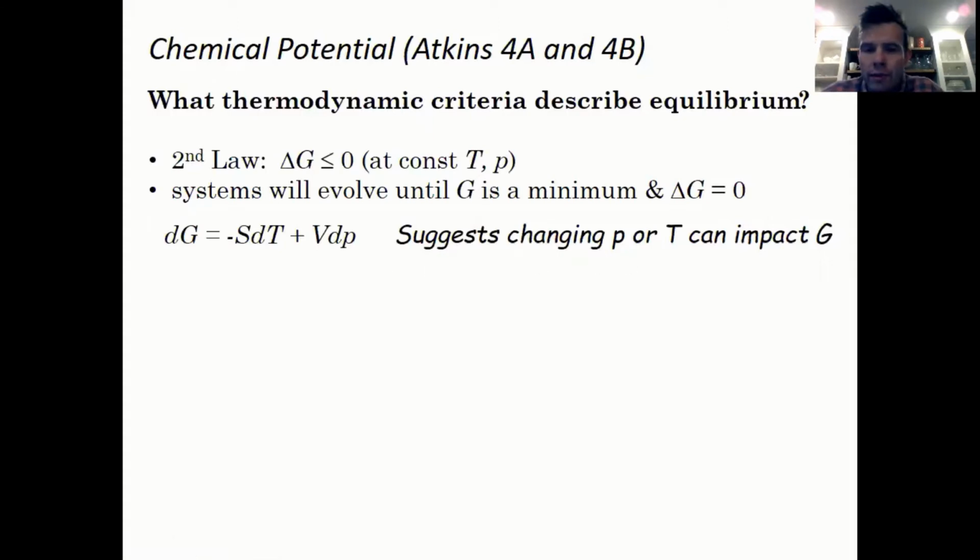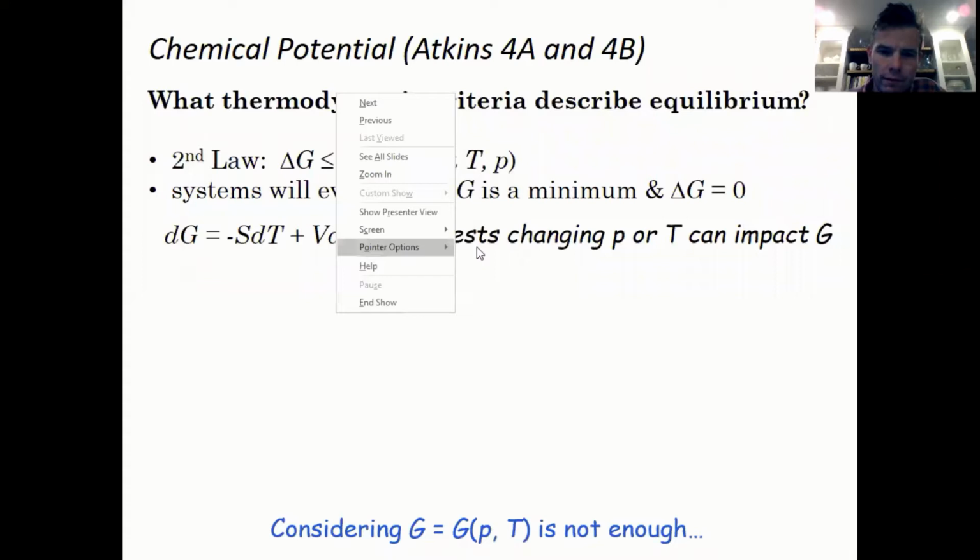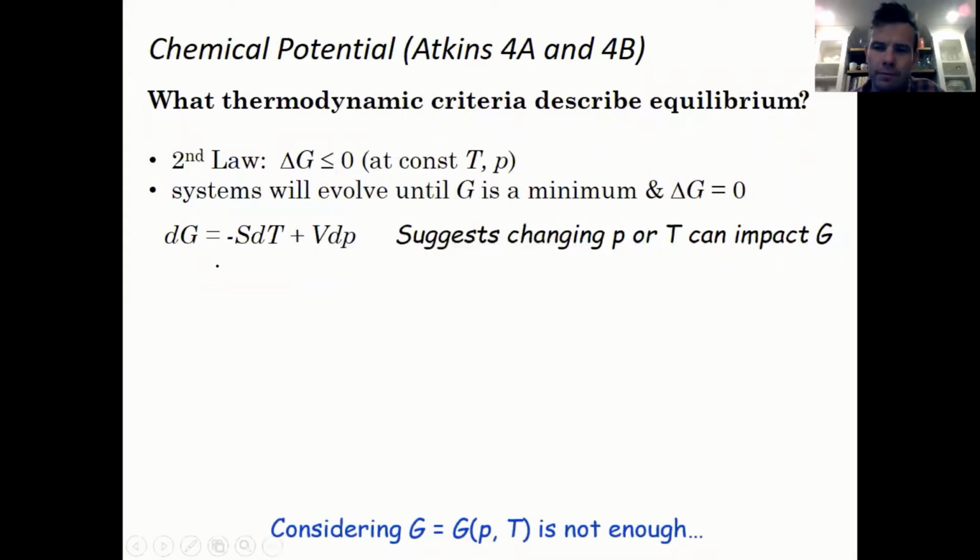That's certainly true. Changing pressure and temperature can impact G, but I want to try and convince you that, in fact, that's not enough. So imagine this scenario. You're boiling a pot of water.